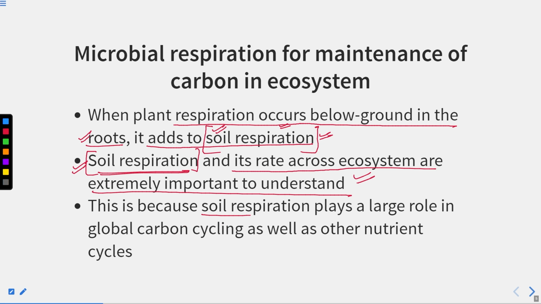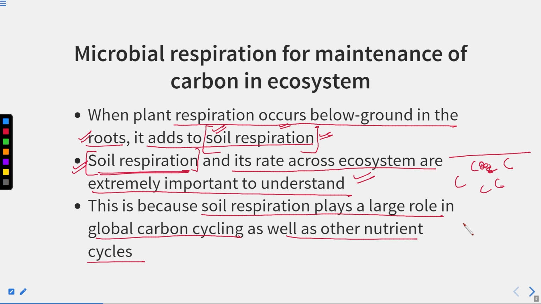This is because soil respiration plays a large role in global carbon cycling as well as other nutrient cycles. Suppose this is the soil; there is a lot of carbon, not carbon dioxide, present. This is called a sink.